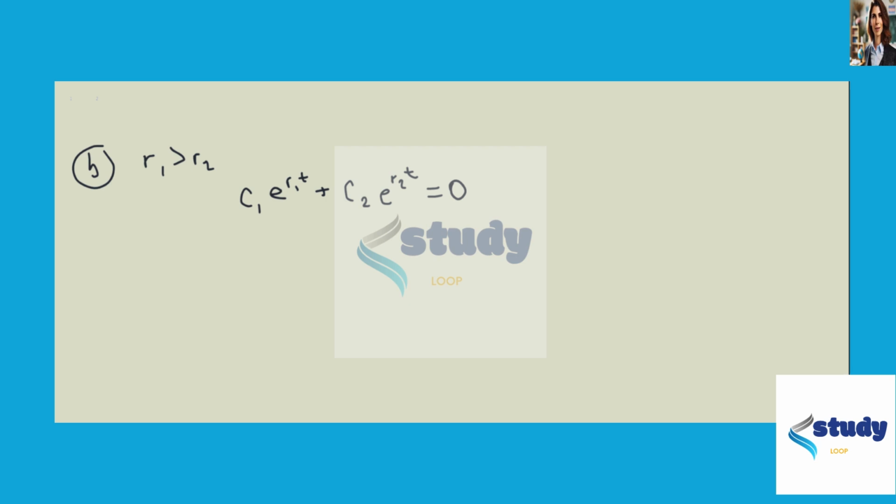And if I take C1 e to the R1 t over to the other side and subtract it, I have C2 e to the R2 t equals negative C1 e to the R1 t.